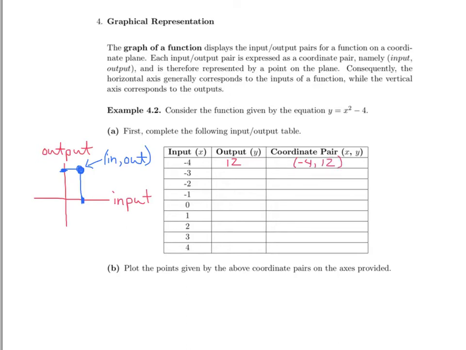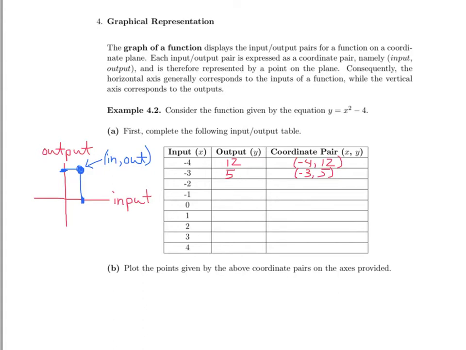So input, output. Now let's substitute -3 into the function. -3 squared is 9. 9 take away 4 is 5. So we have an output of 5. The input-output pair is -3, 5. That's the coordinate pair that we would plot on the graph.